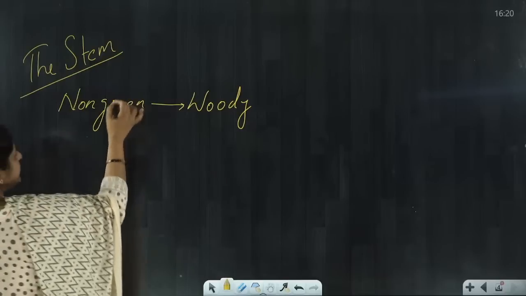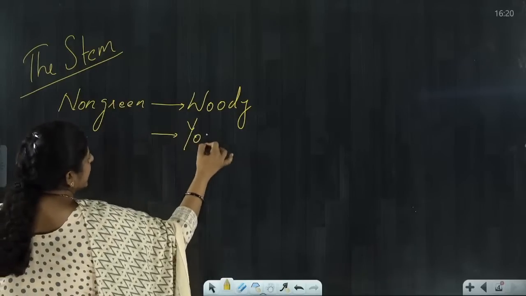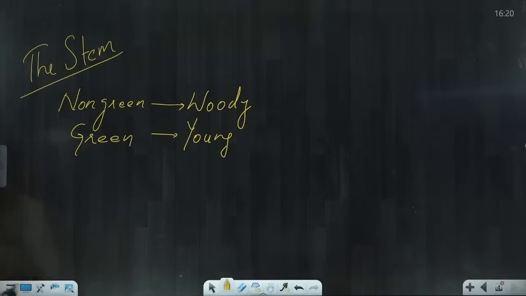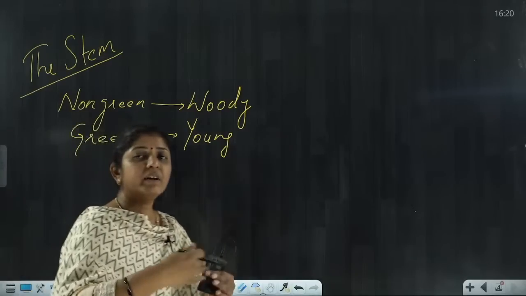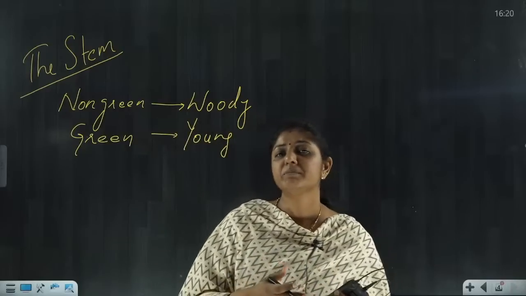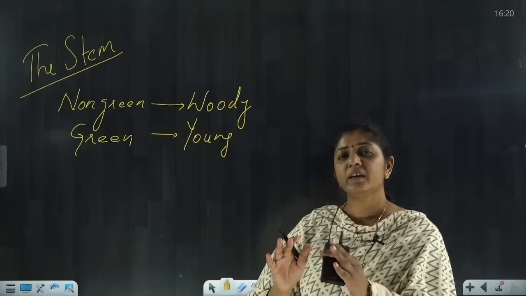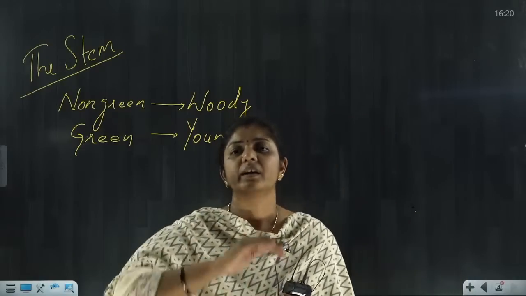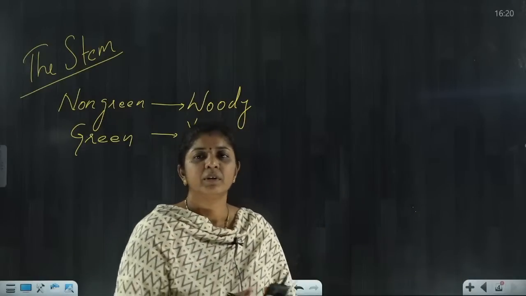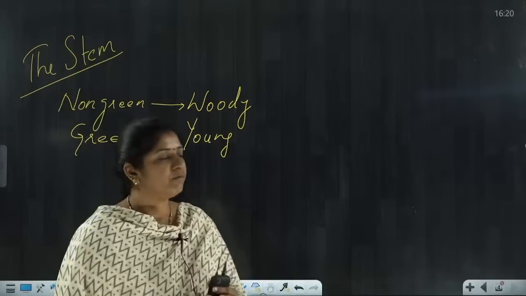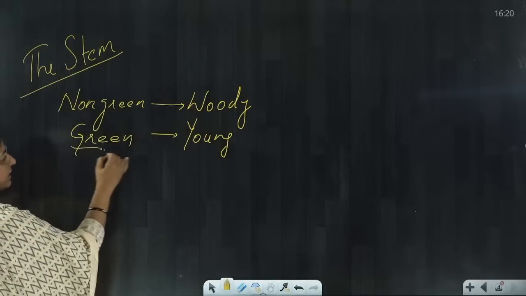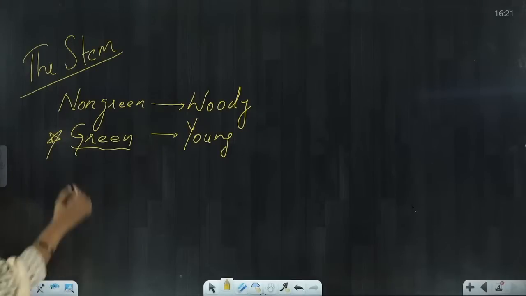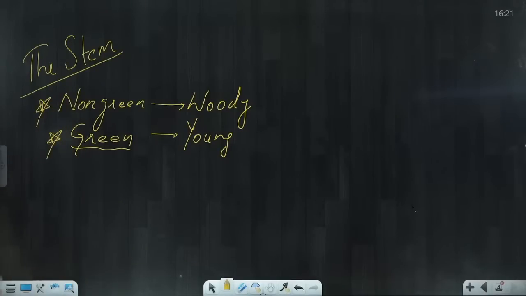But when your plant is young, you will find the stems are green in color. So early they are green, but gradually it becomes non-green. Aerial or underground? It will be an aerial part. So this aerial stem is initially green, later it becomes non-green.